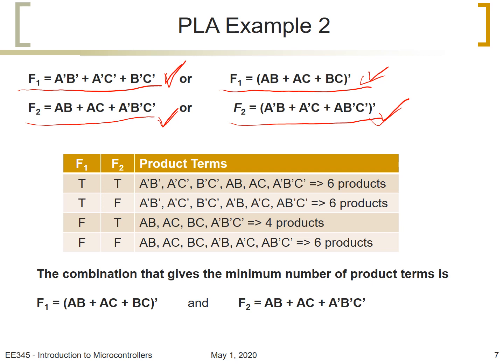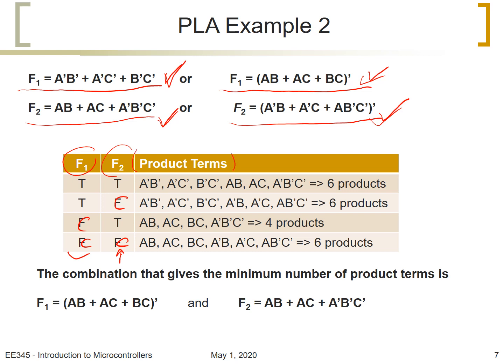To make it easy for you, we have summarized this in this table here, where F1 is either true or complement, and F2 is either true or complement. Actually, it makes no difference, but this is not C, it is the complement. And we write here the product terms in each solution.